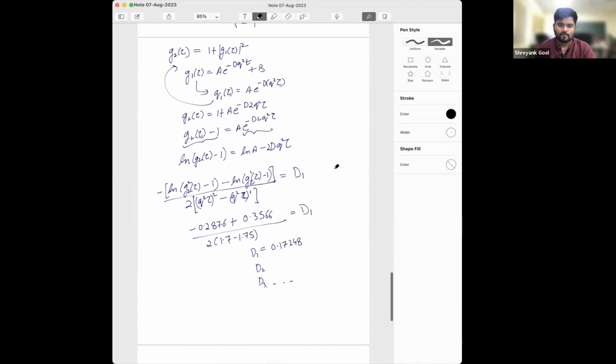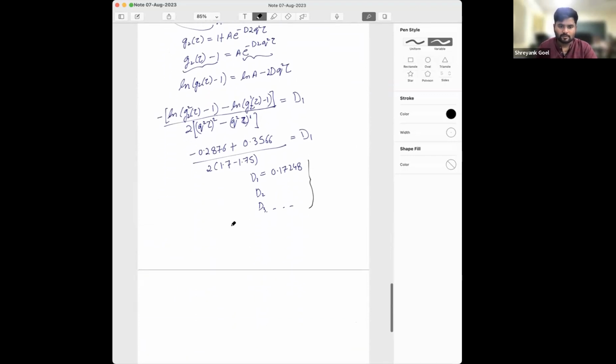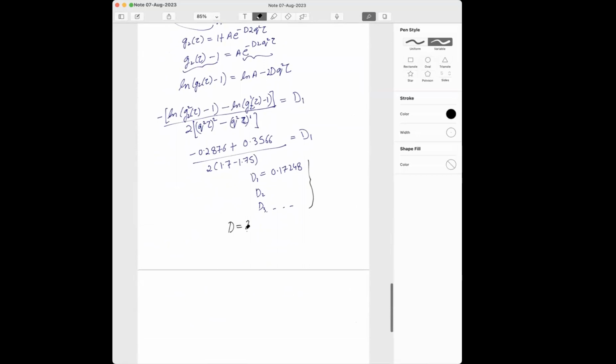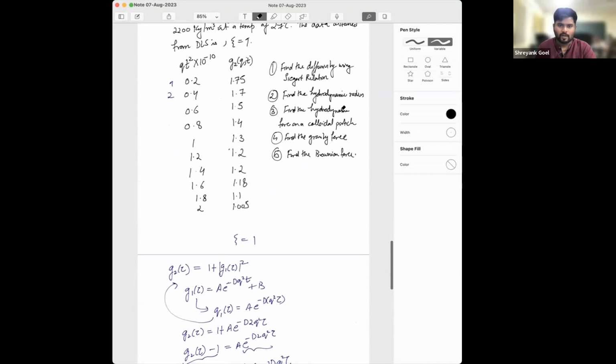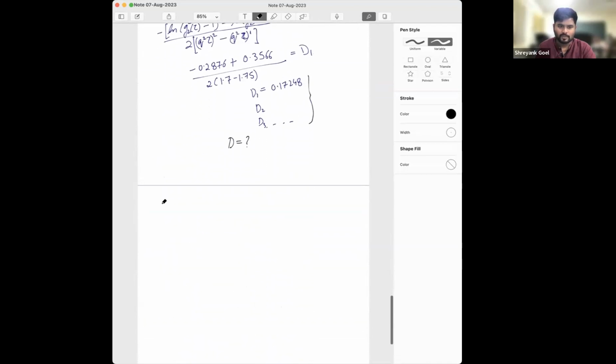So diffusivity you can calculate. Once you get the diffusivity, then we have the hydrodynamic radius from the Stokes-Einstein relation. So hydrodynamic radius, any idea how we can get it?